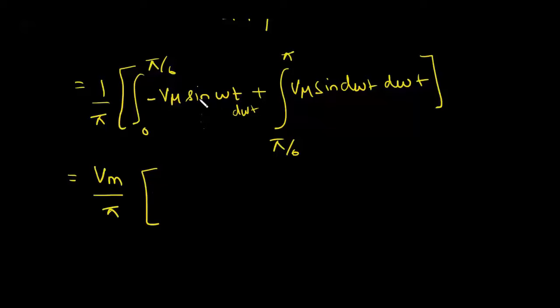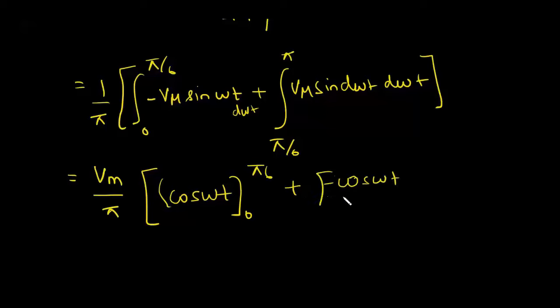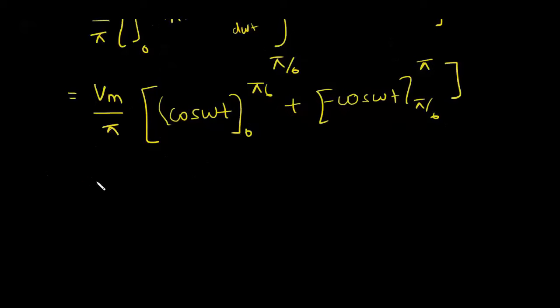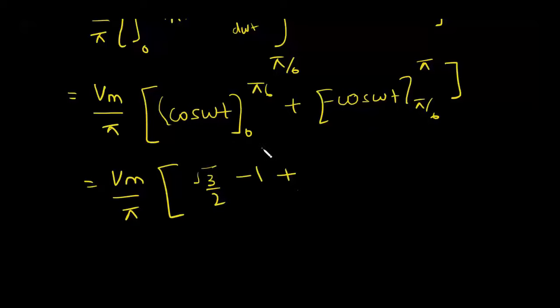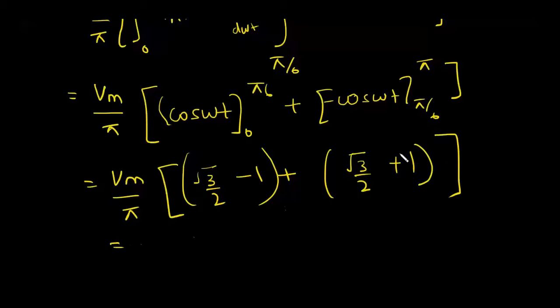The integral of minus sin omega t is cos omega t, from 0 to pi by 6, and the integral of sin omega t is minus cos omega t, from pi by 6 to pi. So Vm by pi, cos pi by 6 is root 3 by 2 minus 1. This 1 and minus 1 will cancel out, so you have an average value of root 3 Vm by pi.